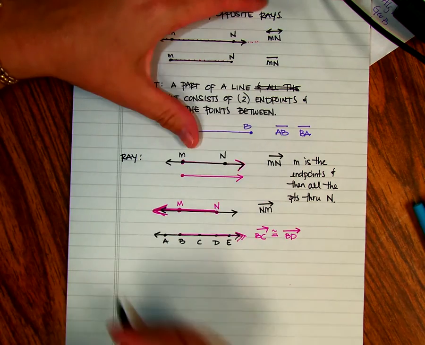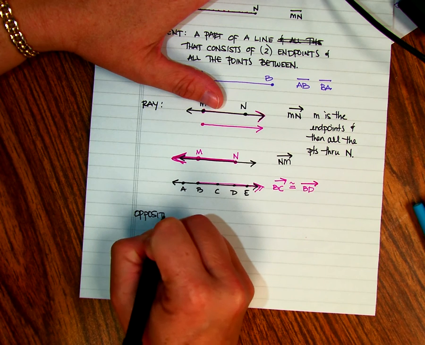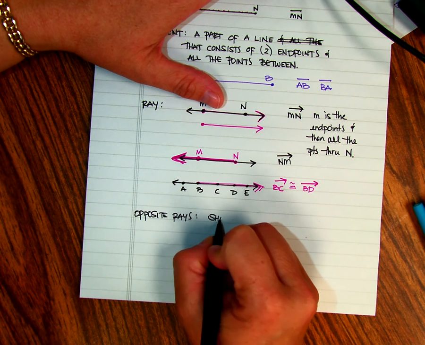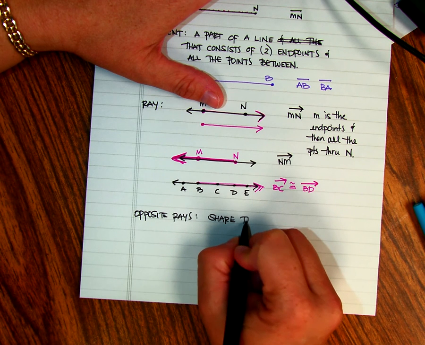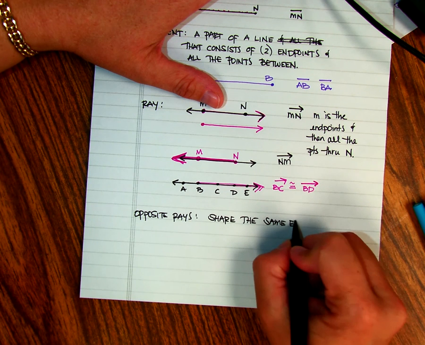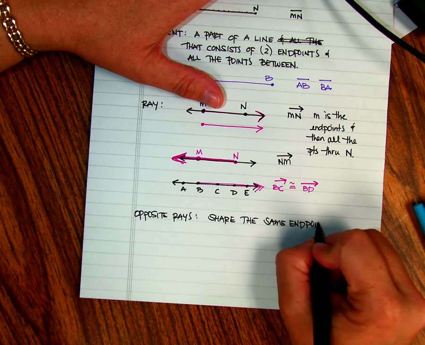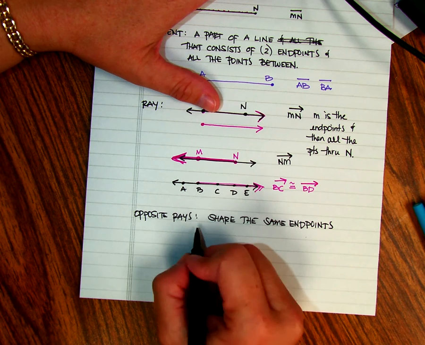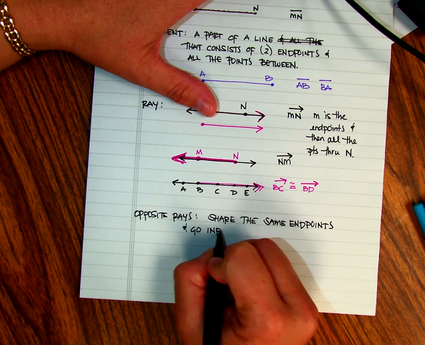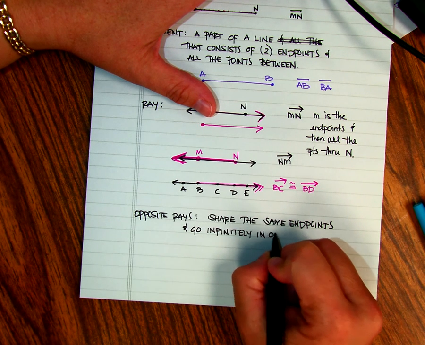Finally, let's talk quickly about opposite rays. Opposite rays share the same endpoint and travel infinitely in opposite directions. Share the same endpoint and go infinitely in opposite directions.